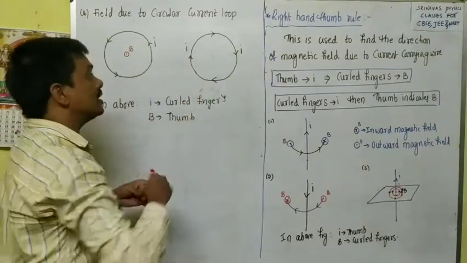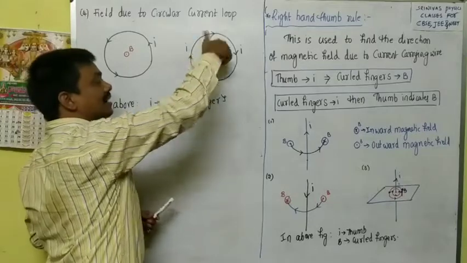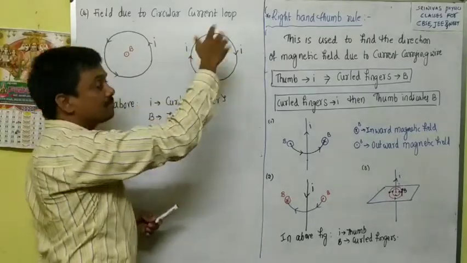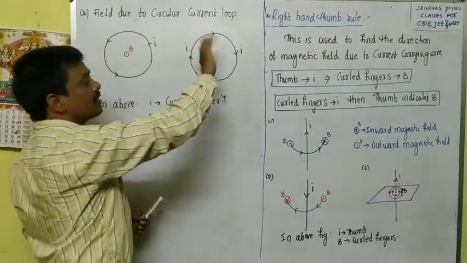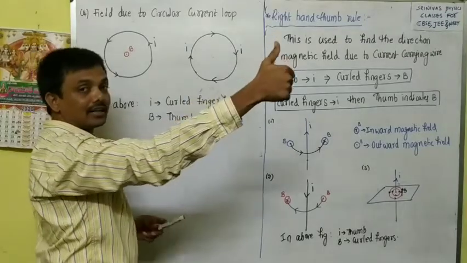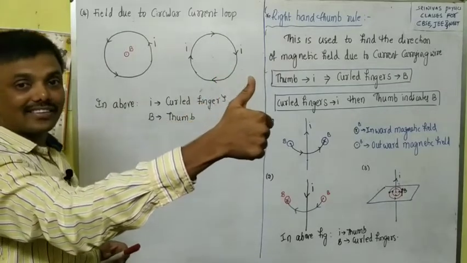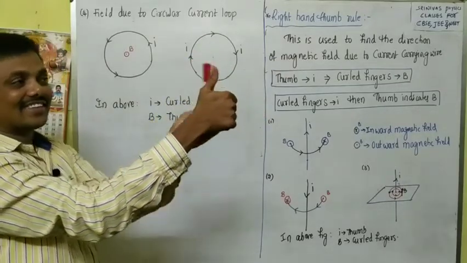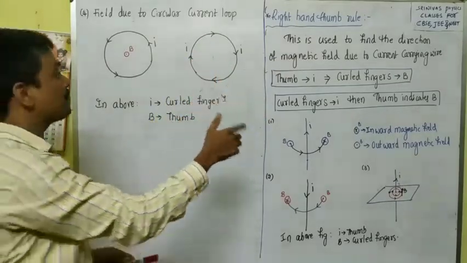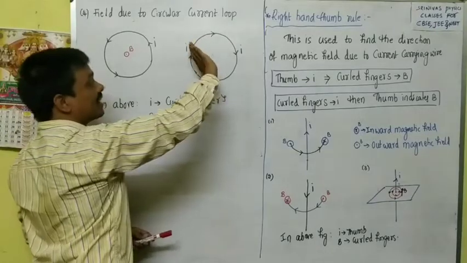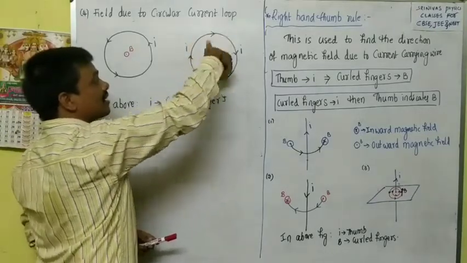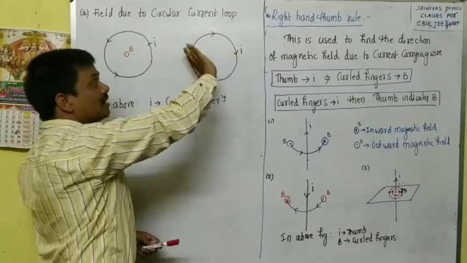And what about at this location? Now see here, the current carrying wire is in circle shape. In this case we cannot indicate the current with the thumb. Why? The current is not in one direction. For a straight wire, the current is indicated with the thumb. But for the circular wire, the curled fingers indicate the current.